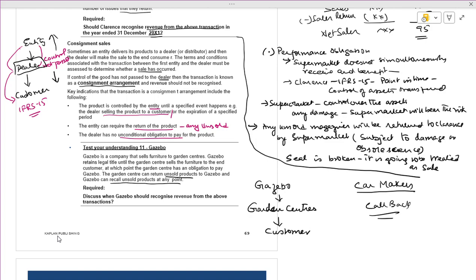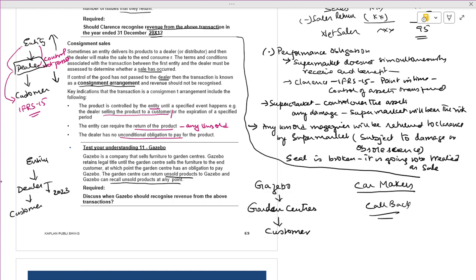Sometimes there will be an entity, a dealer, and a customer. Now the dealer has purchased from the entity and there is no going back. Most of the time, take cars. Assume it is 2023.